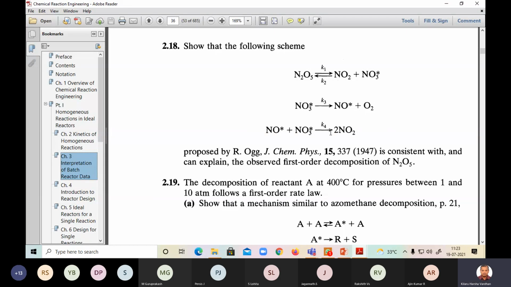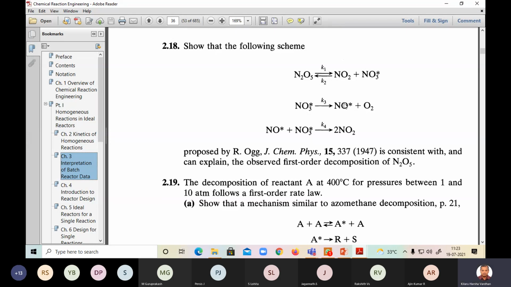So how can we do this now? You have to write the overall rate of disappearance of N2O5. When you write the overall rate, you get it in terms of one intermediate, so you have to eliminate that intermediate. So write again the appearance and disappearance of this intermediate. Then you get this NO3 in terms of NO star.